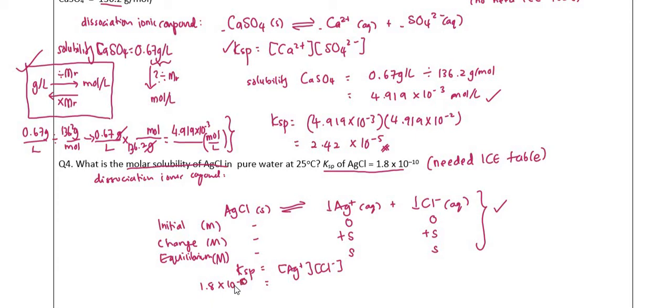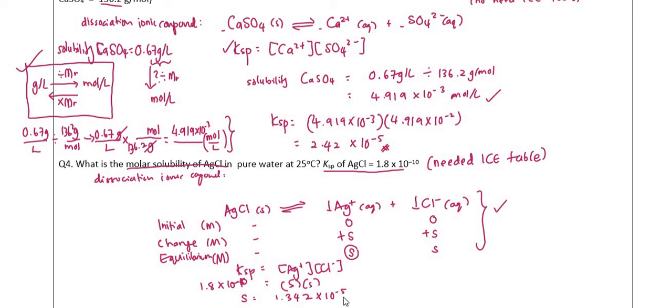Right? Your Ag plus refers to the row equilibrium, which is s. Your Cl minus refers to the equilibrium, also s. And you get the s here. You calculate using calculator. You get 1.342 exponent negative 5.